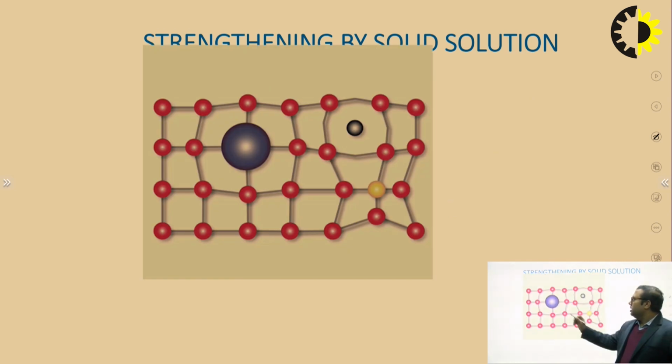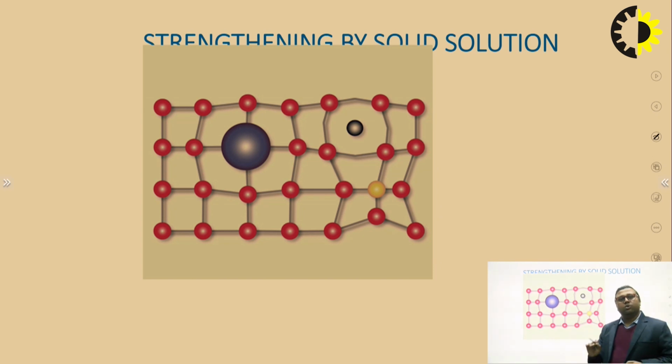You can see that bigger atoms take the position of the smaller atoms at the substitutional sites, and you can see how stress is created inside the material. Due to the stresses created inside the material, these stresses force the other atoms to dislocate from their initial position.